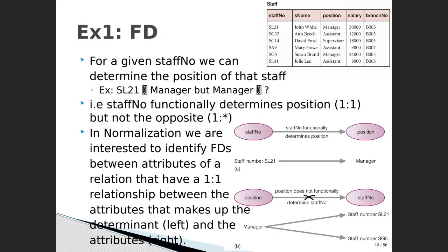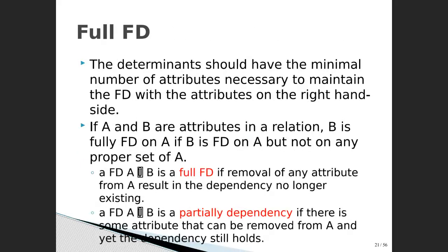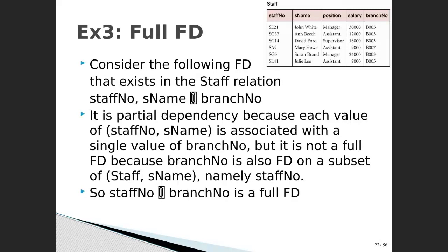Okay, now when we talk about attributes that have partial dependency, that is, if there are some attributes that can be removed from A and still the dependency holds. So, for example, when staff number and staff name both determine branch number.